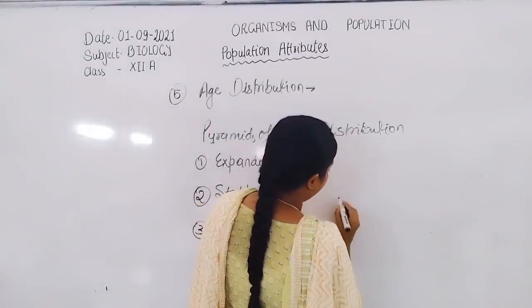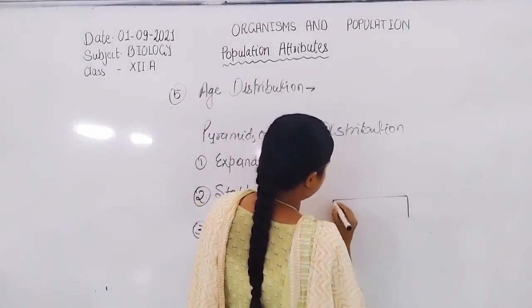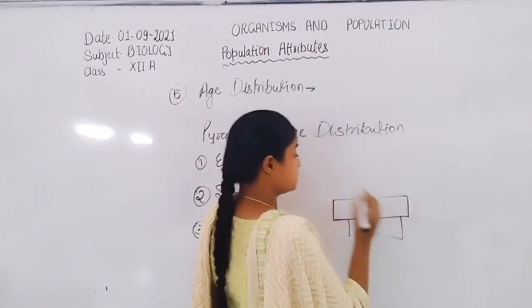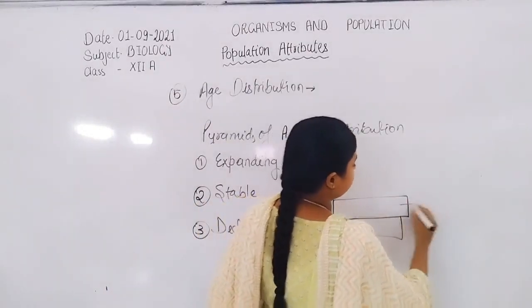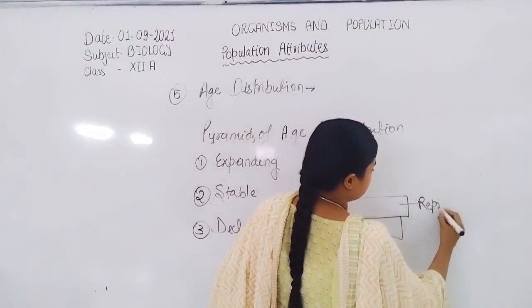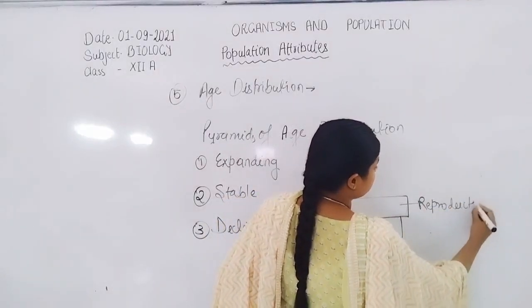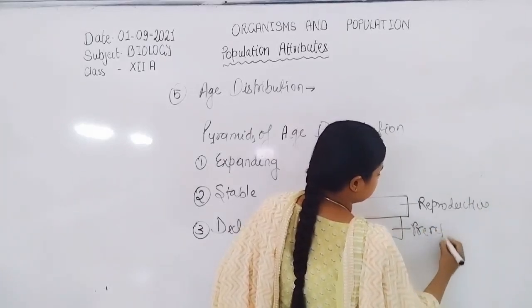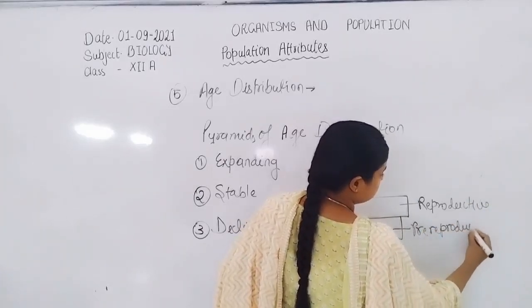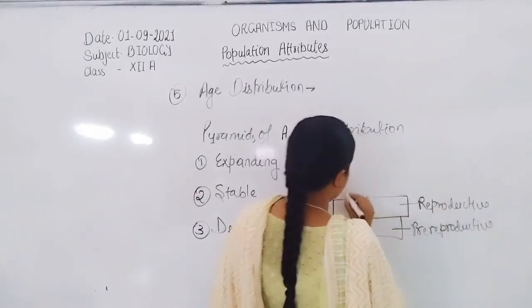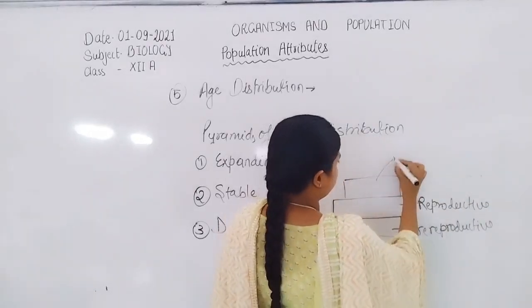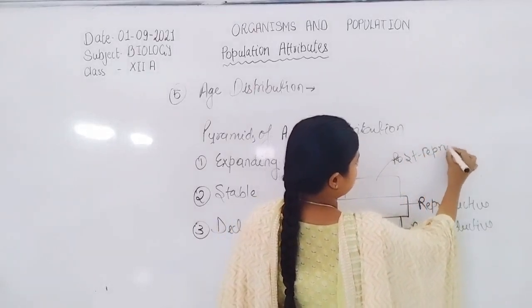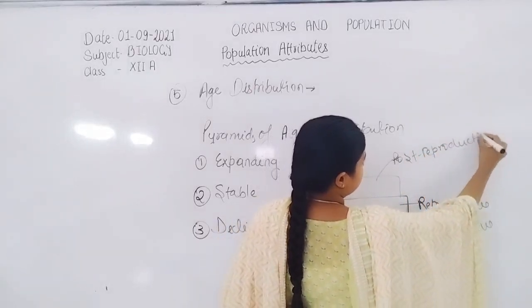If the number of individuals in the pre-reproductive phase is less than the number in the reproductive phase, this is the reproductive, this is the pre-reproductive, and here is the post-reproductive.